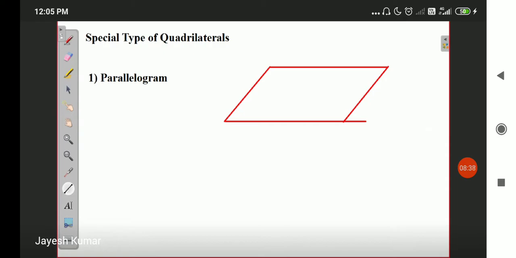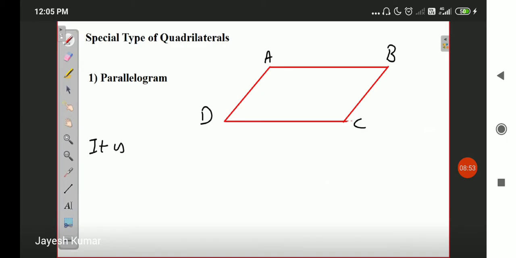This here is a parallelogram. Let me name it A, B, C and D. So what is a parallelogram?